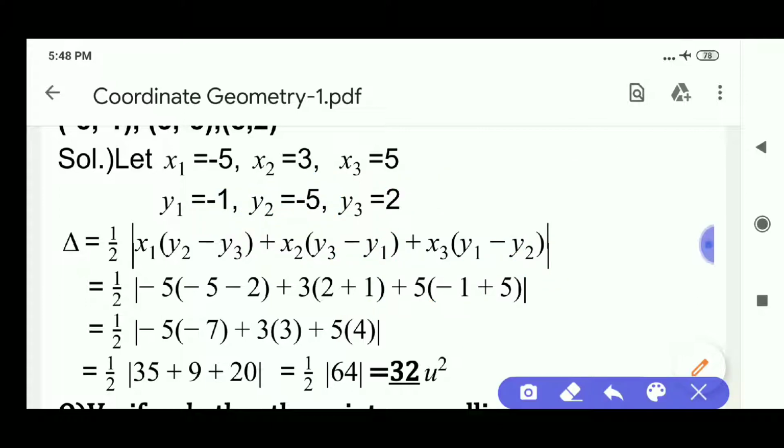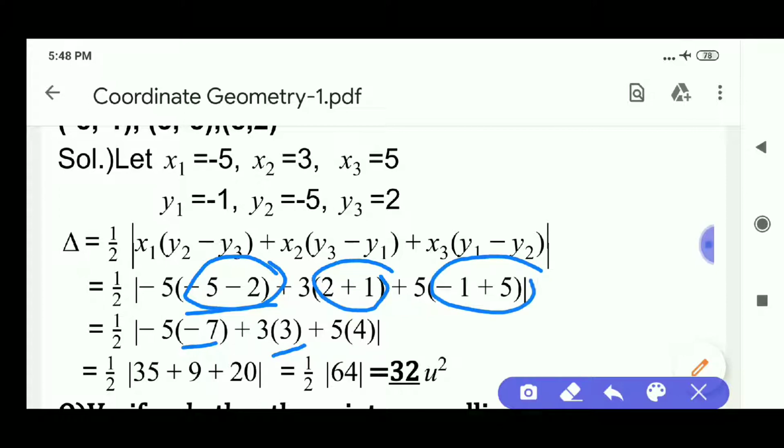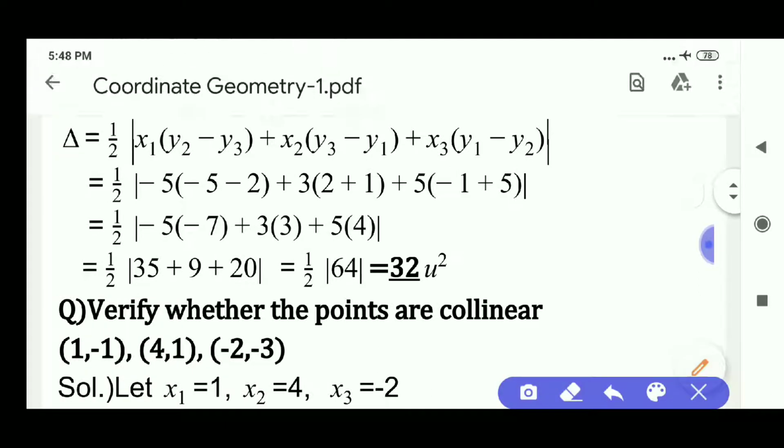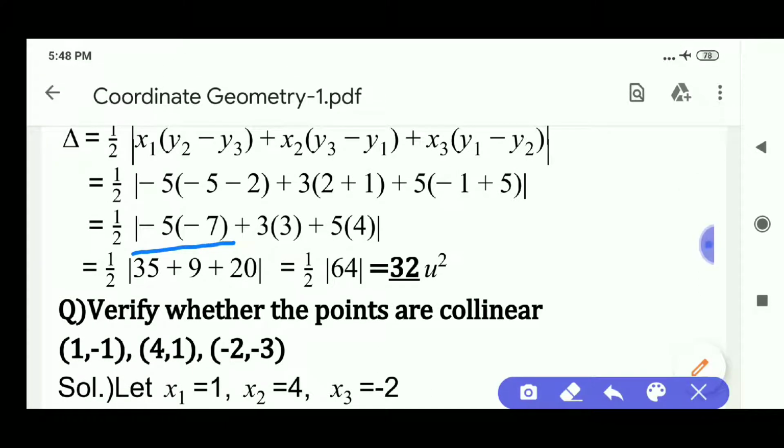Now how to simplify? First simplify what is in the brackets. Half modulus, minus 5 into (minus 5 minus 2) is minus 7, 2 plus 1 is 3, minus 1 plus 5 is 4. Now multiply. Minus 5 into minus 7 is plus 35. 3 into 3, 9. 5 into 4, 20.